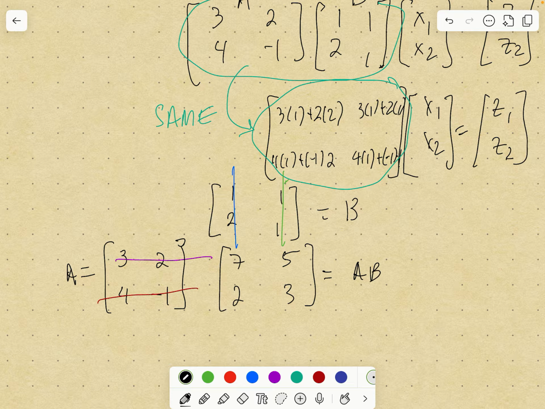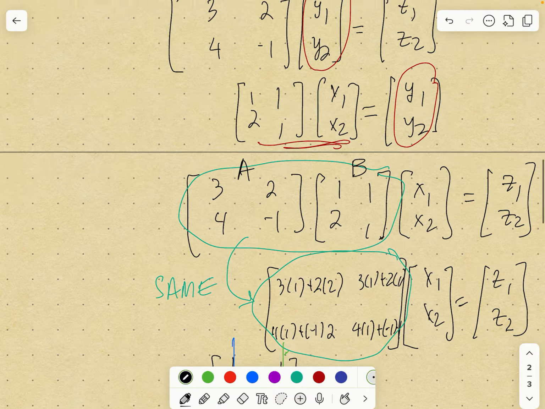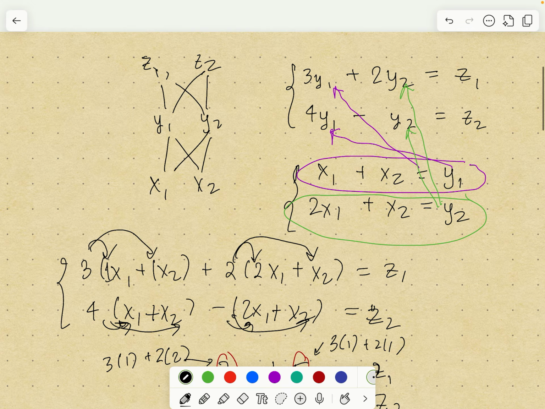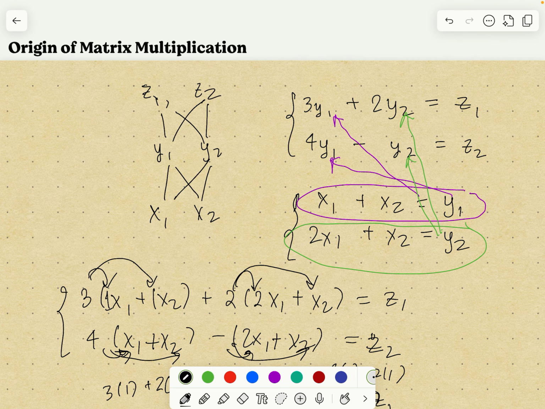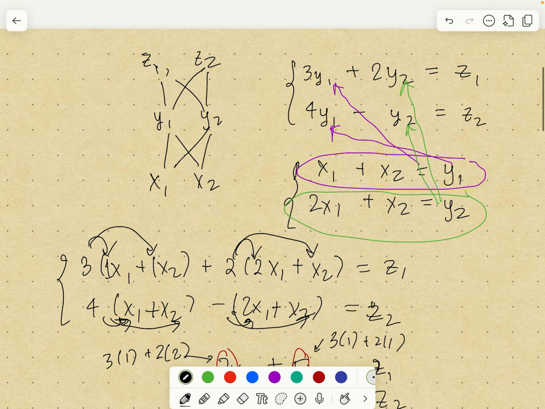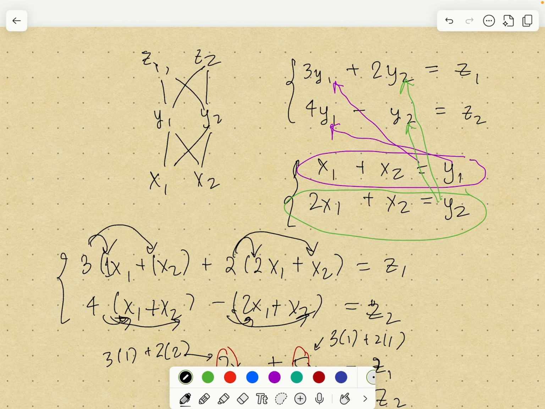So this is a way to explain how you can define matrix multiplication and why it makes sense in terms of systems of equations, without referring to linear transformations. Of course, it's essentially the same thing, because you're substituting your y's in terms of x's.